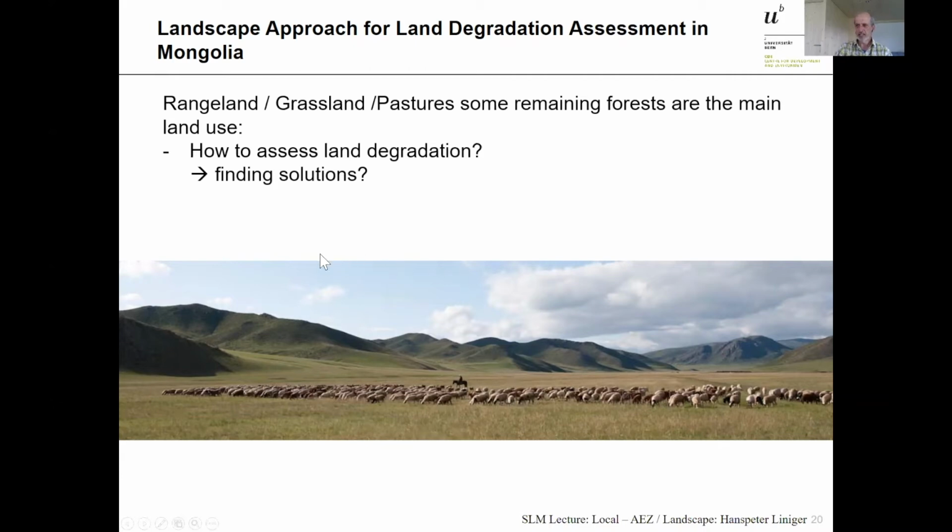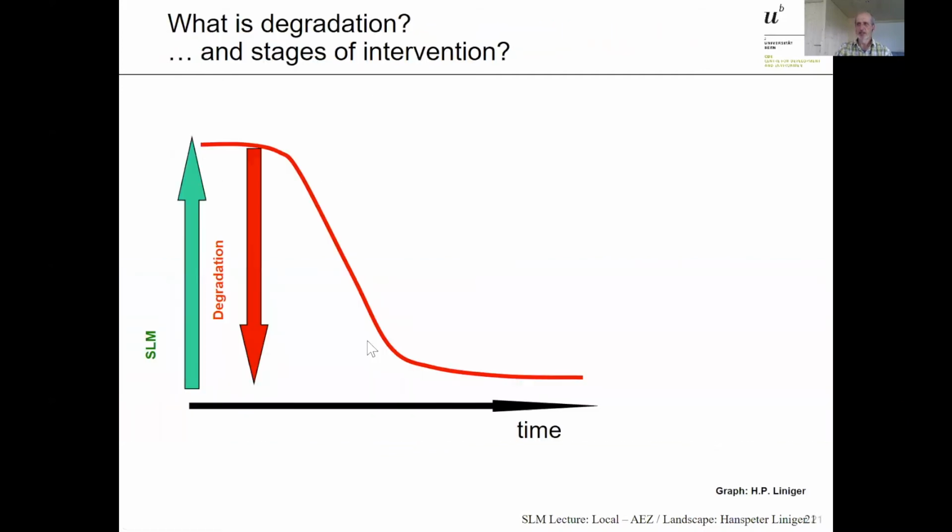Now, when you're in a landscape like this, within an agroecological zone, how can we differentiate that area? The question was first, we have to assess land degradation. Now, what is land degradation? Very simple. It's the reduction of the potential that you have in a certain, I call it, landscape unit.